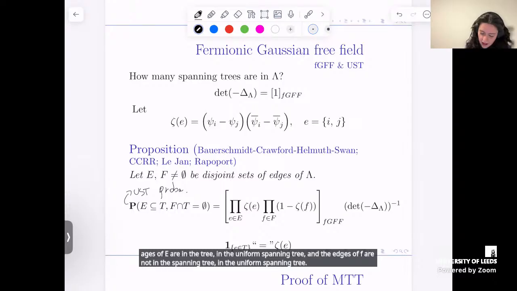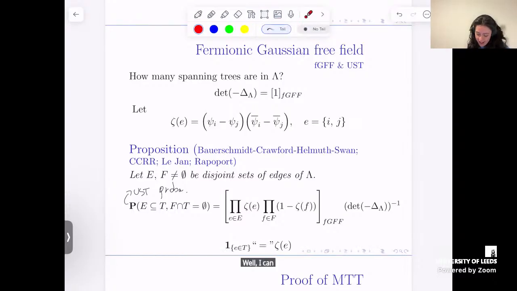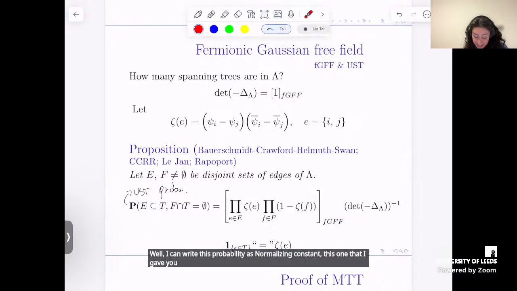Well, I can write this probability as a normalizing constant, this one that I gave you before, but I can encode these edge probabilities as the product of the zetas on the edges that I want in the spanning tree and 1 minus zeta for the edges that I do not want in the spanning tree.